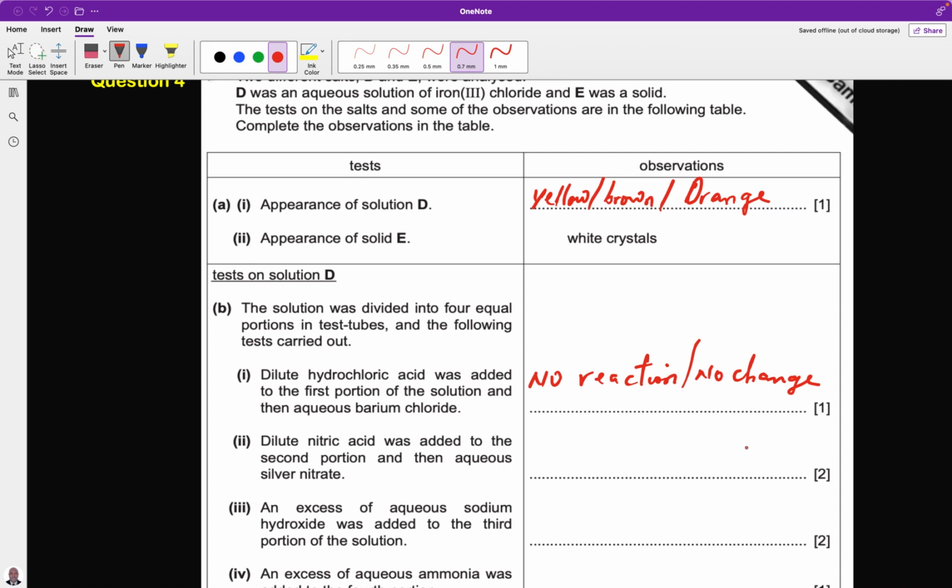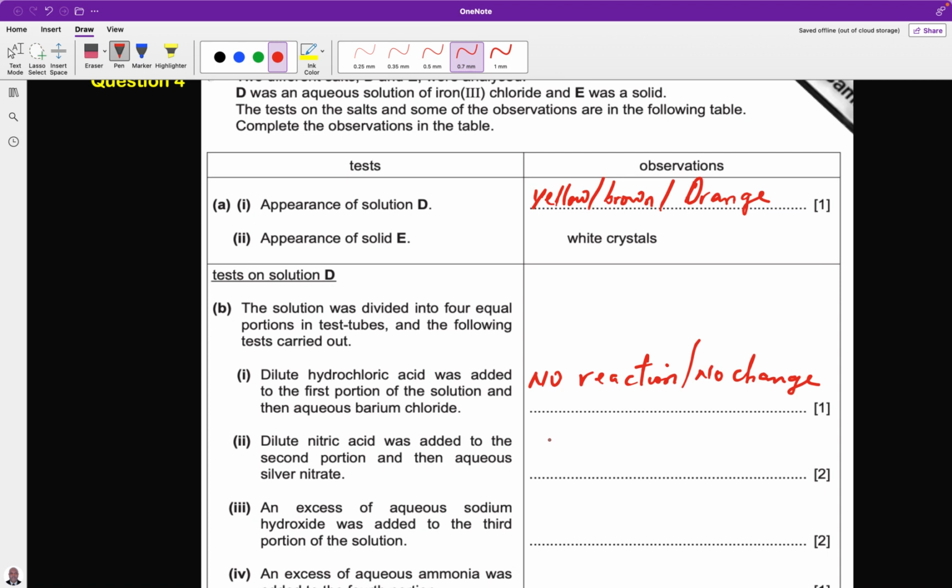When dilute nitric acid is added to a portion of iron 3 chloride, followed by aqueous silver nitrate, a white precipitate will be formed.